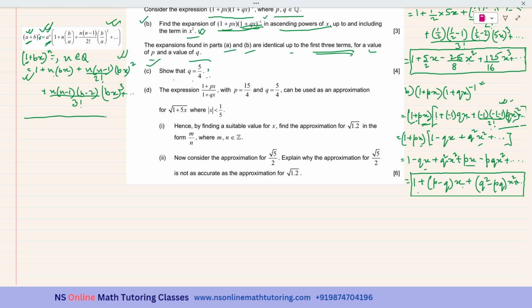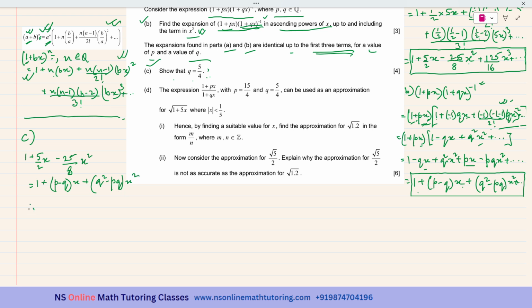So let this be C. It is 1 plus 5 over 2x and minus 25 over 8x square is equal to 1 plus P minus Q x plus Q square minus PQ x square.